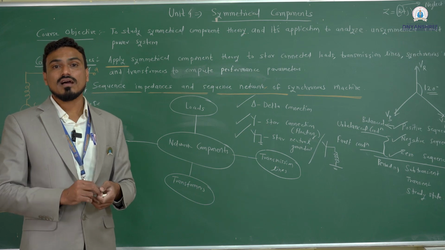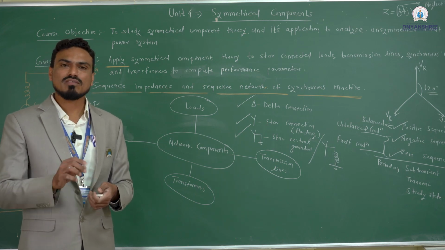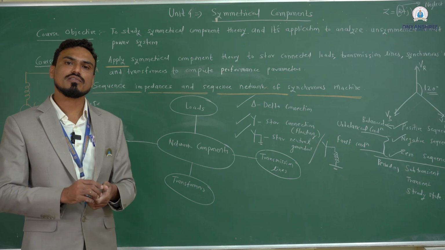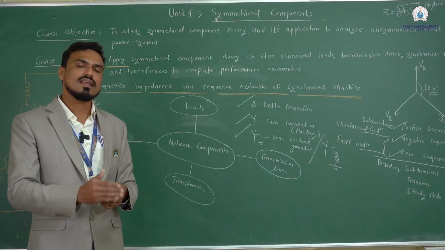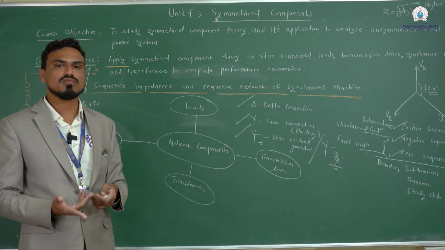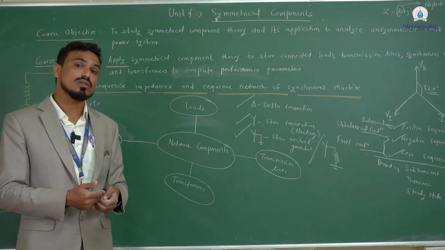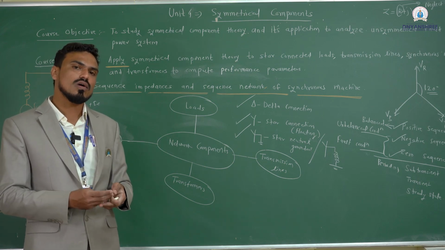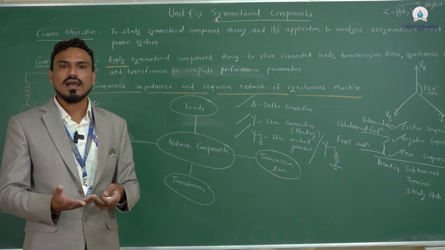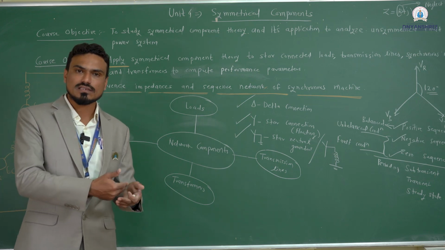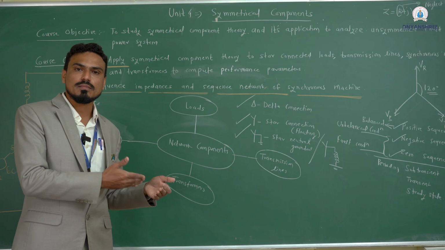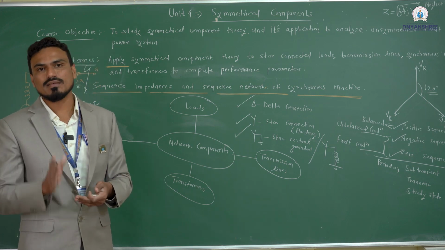The second thing is fault condition. There are several types of fault, such as series faults as well as shunt faults. In the series fault, there is one conductor open fault and two conductor open fault, and in the shunt faults, there are symmetrical fault and unsymmetrical fault.